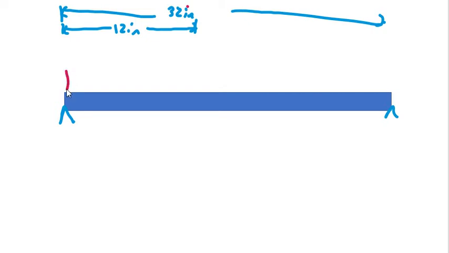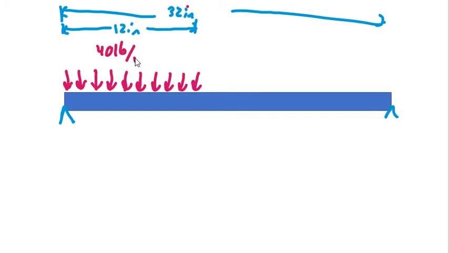So we're going to do something a little different. We're going to do a distributed load, and from the end of this beam all the way over to 12 inches, I have a uniformly distributed load, and we're going to say that it is 40 pounds per inch. Then we're going to go another 10 inches.